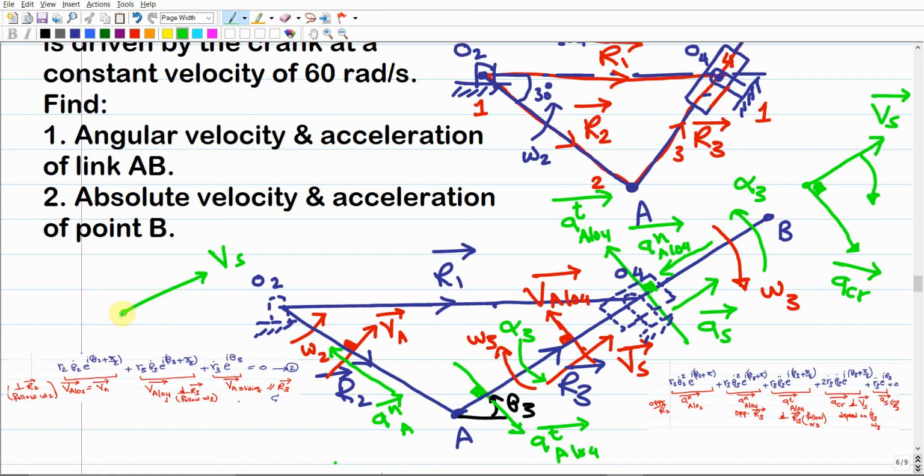So I'm just going to give rotation to this Vs in this direction, which is basically the same direction as the ACR vector for the other points here. Make sense? Because anyway, it's going to rotate in this direction, or the link following the same direction. So the Coriolis acceleration will be in this direction, perpendicular to the Vs following the omega 3 direction as we indicated.